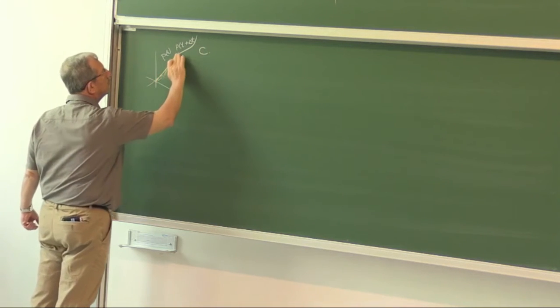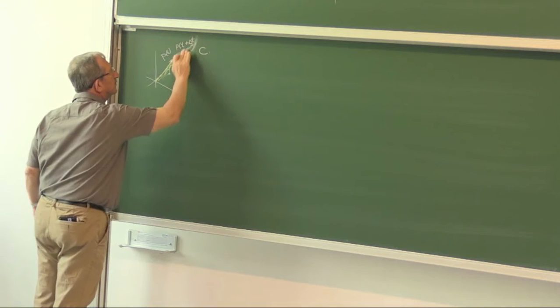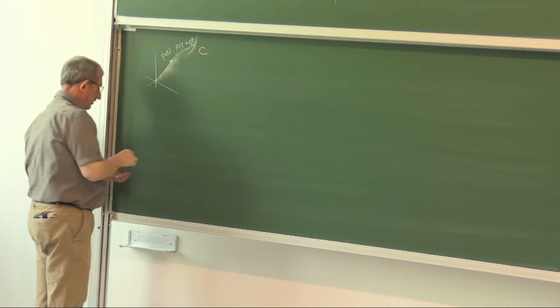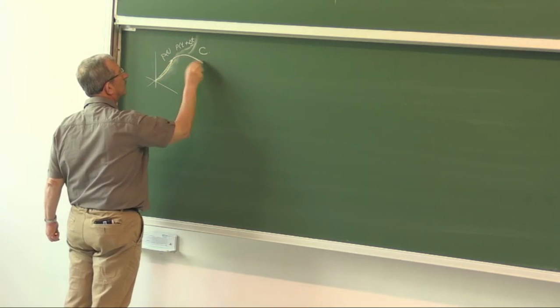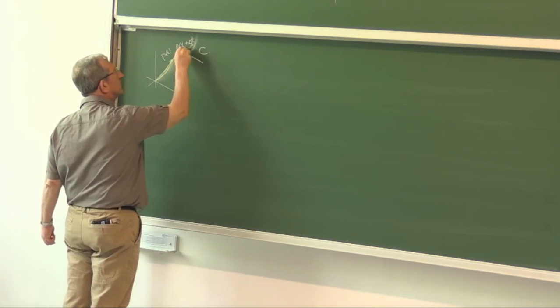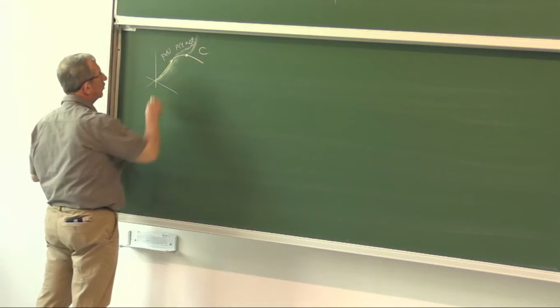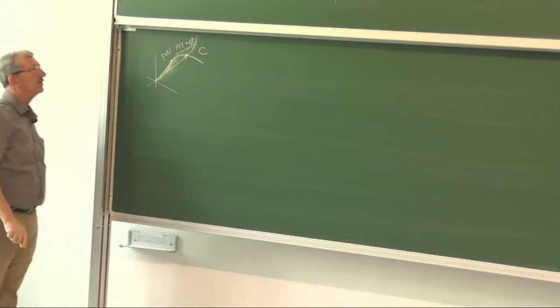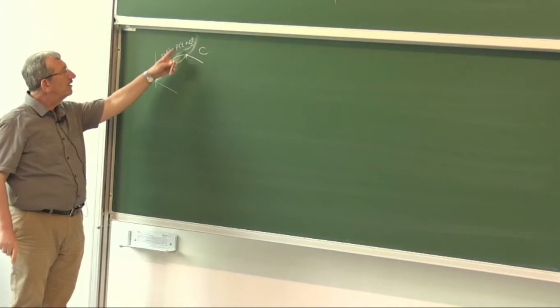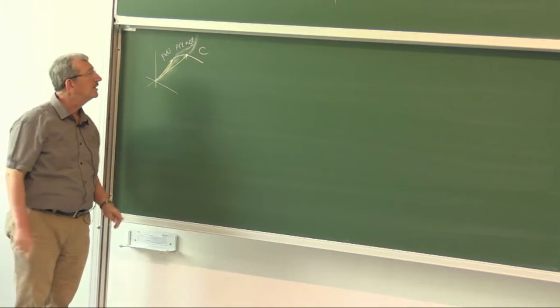Well, maybe my curve will be a little bit better looking. So let me sketch it as follows. Let's say this is my point. And so we end up with two vectors. One is the vector P of t, the other one is the vector P of t plus delta t.